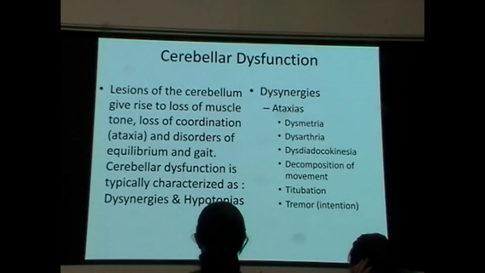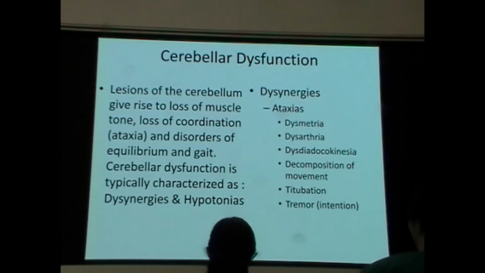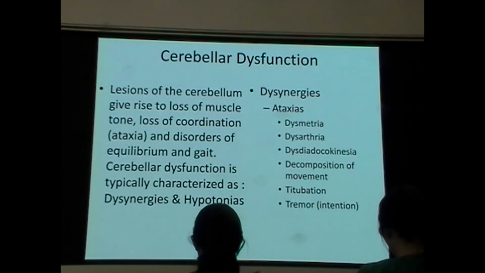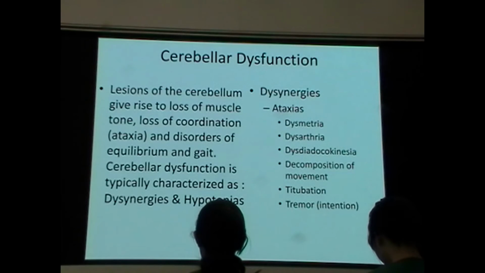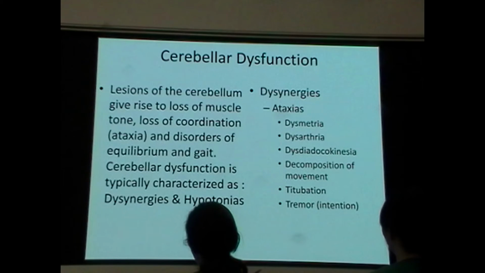And then there's a tremor. This tremor is important because we'll talk about another tremor shortly with the basal nuclei. This is an intention tremor. What does that mean? That means when you reach to pick up something, for example, just one more can of beer, your hand starts to shake. If you stop moving, it stops.